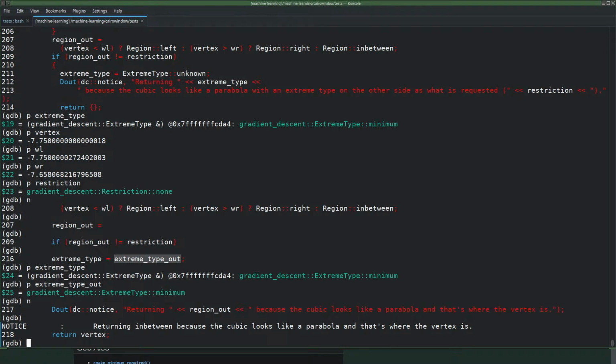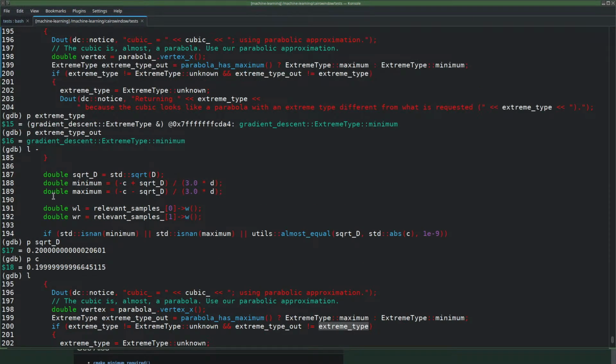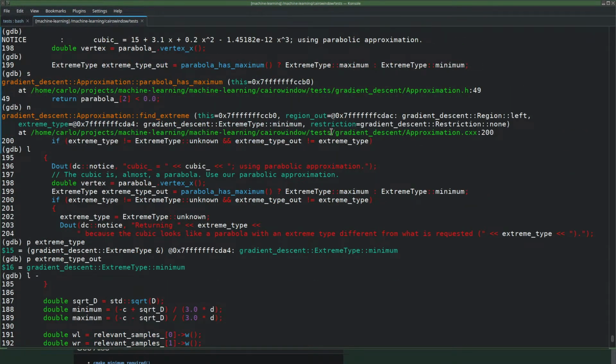Okay, so the question is, why is this extreme type equal to minimum while I had expected maximum? That's line 200 of... it's like this.